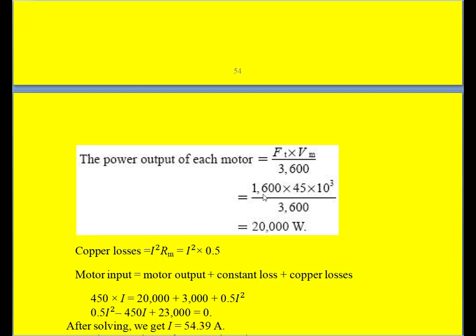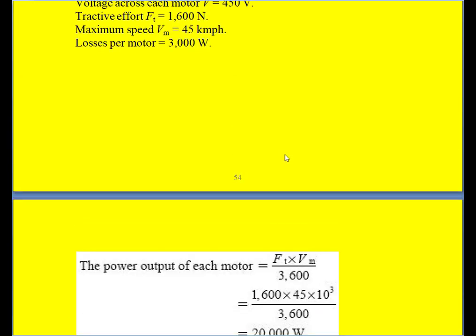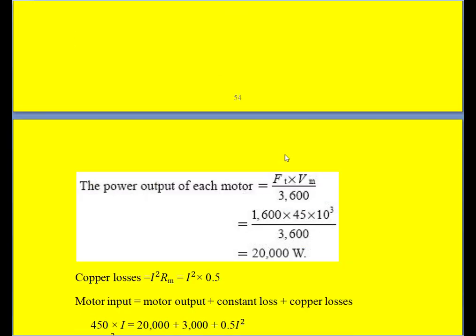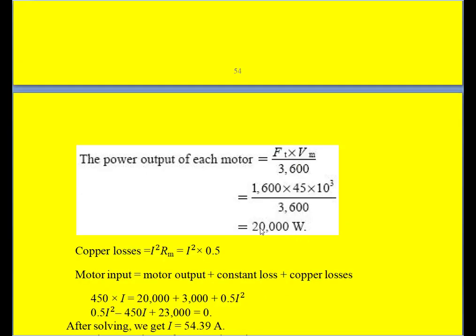Ft is already given, that is 1600 newtons, into Vm, which is 45 kilometer per hour, into 1000 just to convert this into meter per second, divided by 3600. After simplification we get the output power of each motor as 20,000 watts or 20 kilowatts.